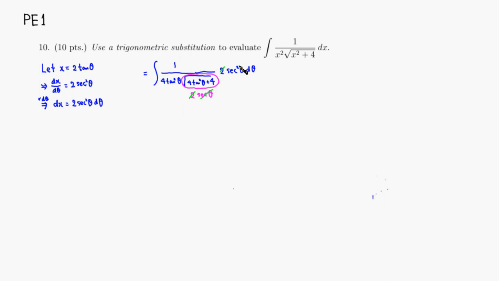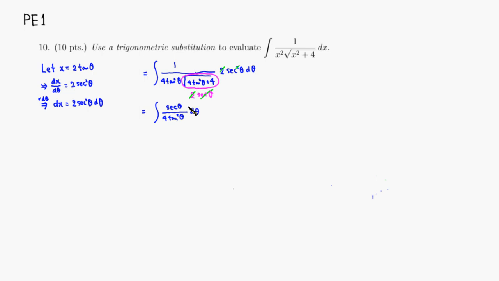So I can just scratch the square out. What's left is secant squared, secant of theta on top, and then you still have 4 tangent squared of theta, and d theta.